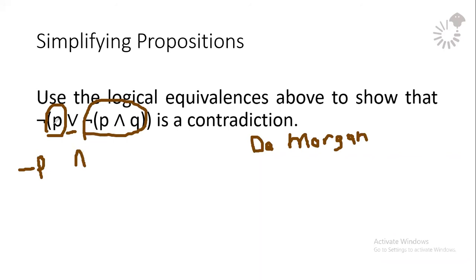And then the negative is distributed here. This will be negative, negative P, and Q. Follow? Did you see how it became like that? Do I need to repeat?